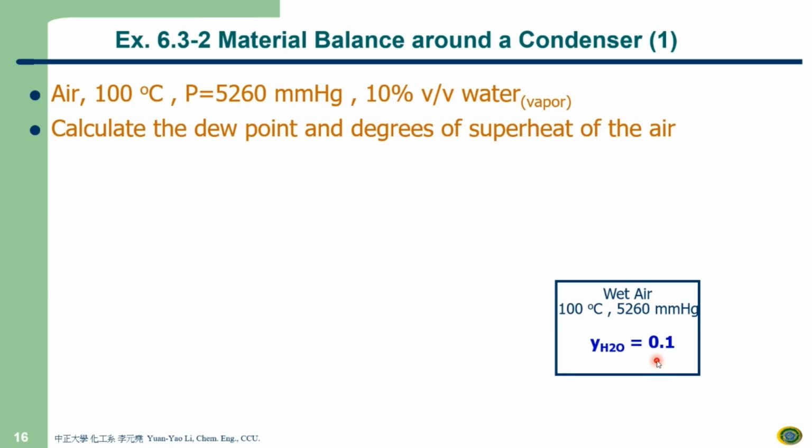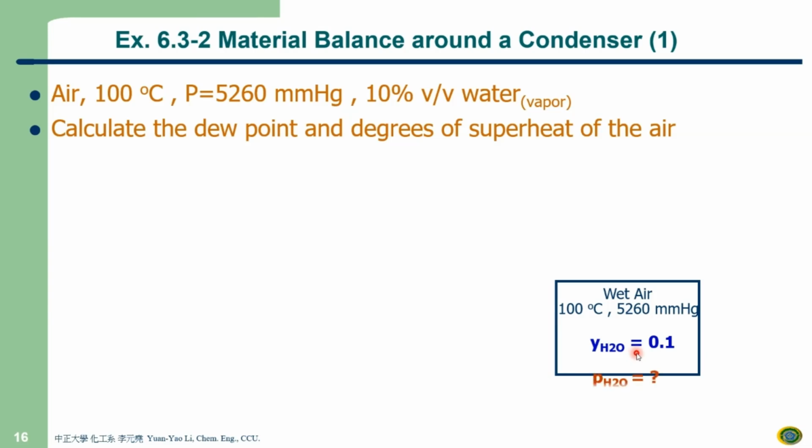At this point, is there any liquid water or not? You don't know. So you need to find out: under this condition, is this vapor saturated or is it a superheated vapor? So how can you find out?